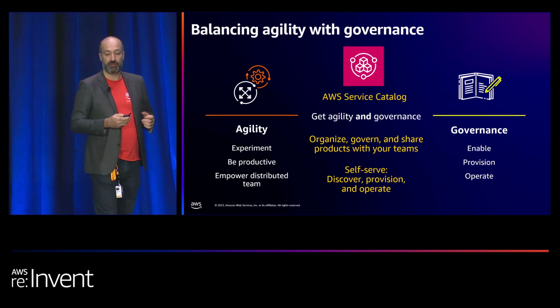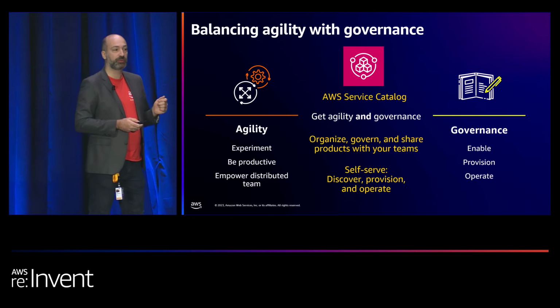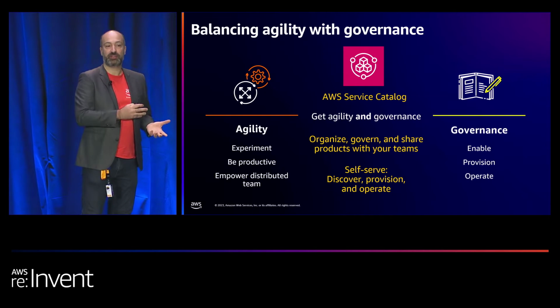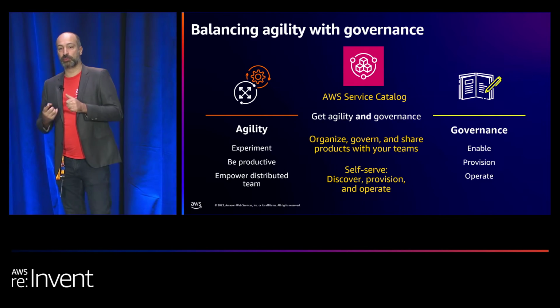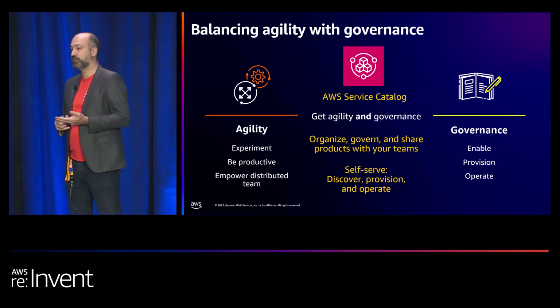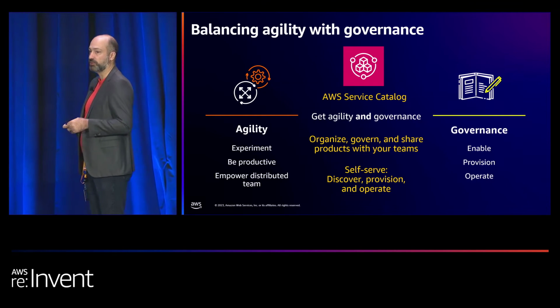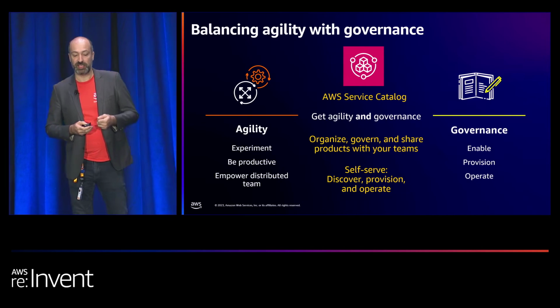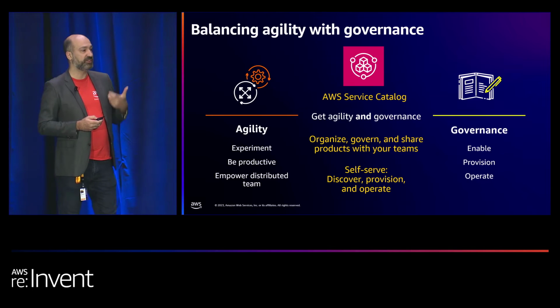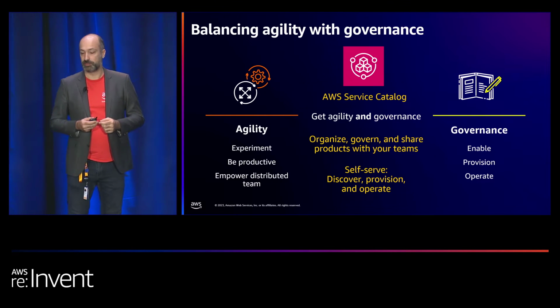But you will also gain from governance. Because it's a self-service mechanism, you will know who requested it, where it has been deployed, for which purpose, if it still exists or not. So you gain a lot in auditability and the ability to understand how effective your solution is within your organization.